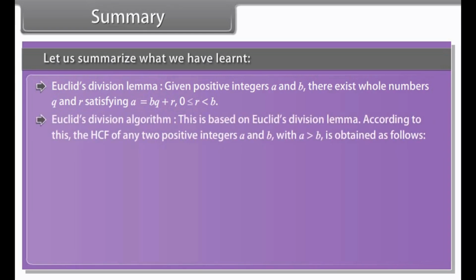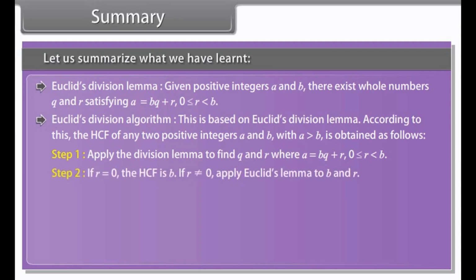Euclid's division algorithm. This is based on Euclid's division lemma. According to this, the HCF of any two positive integers a and b, with a greater than b, is obtained as follows. 1. Apply the division lemma to find q and r, where a is equal to bq plus r, 0 is less than or equal to r, which is less than b. 2.